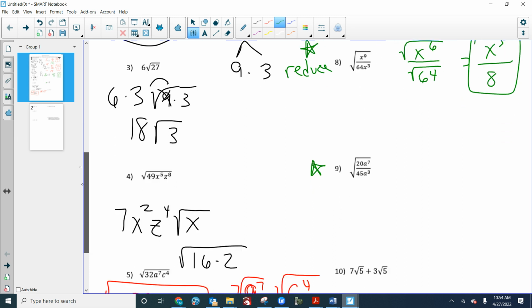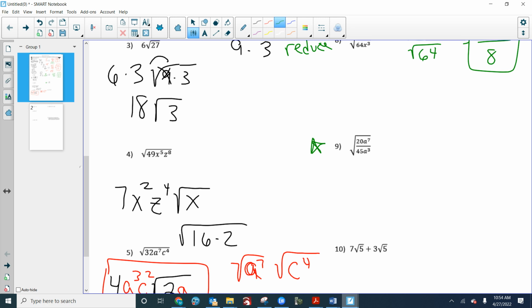Okay, now. Guys, what number goes into 20 and 45? Does everybody say 5? Okay. What's 20 divided by 5? What is 45 divided by 5?